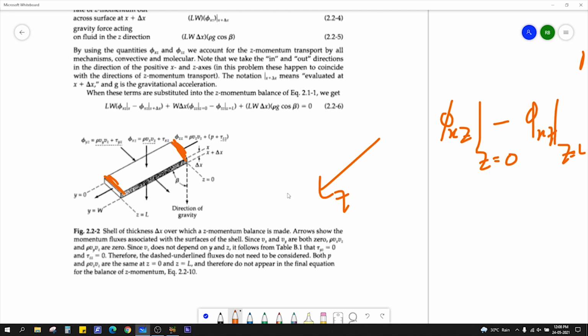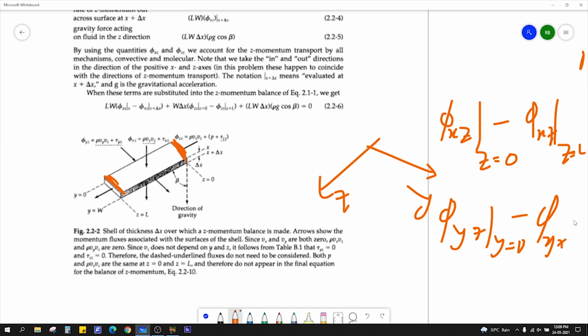Similarly, you have to see the y direction. This is your y direction. So in the y direction you have to consider phi yz at y equal to 0, because it is the in point, minus phi yz at y equal to w, out.